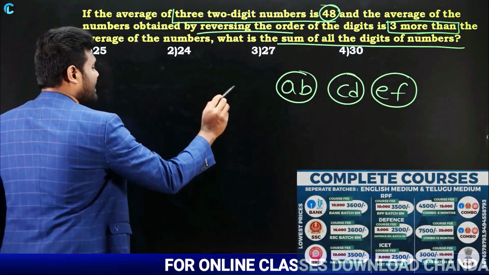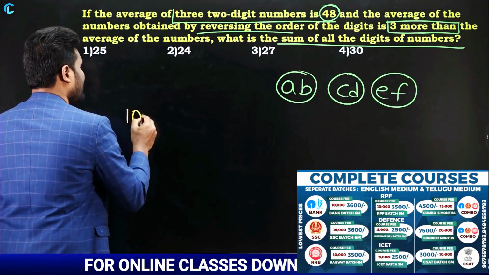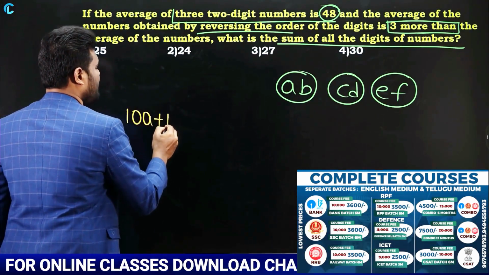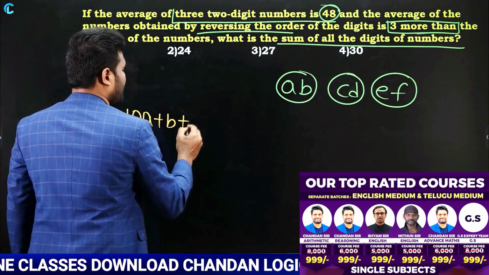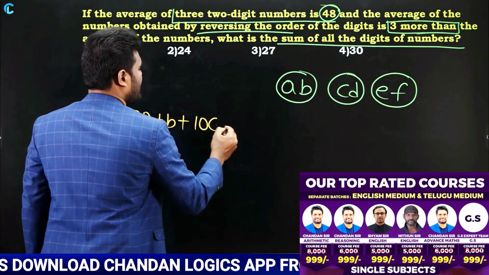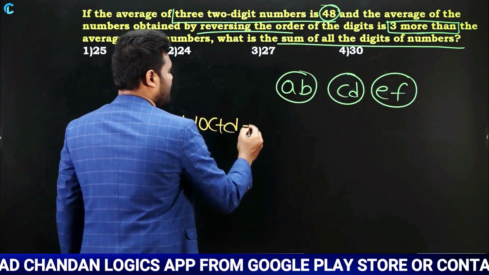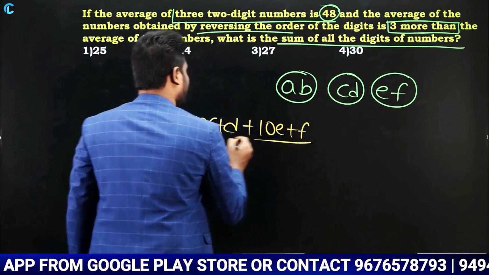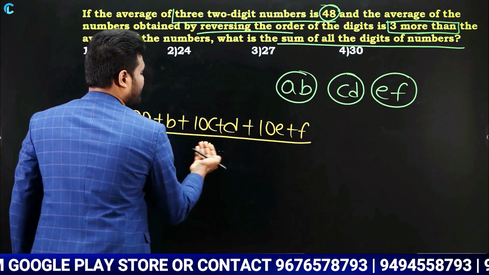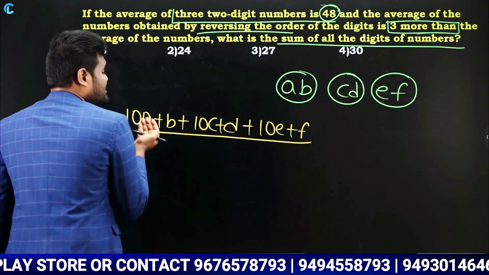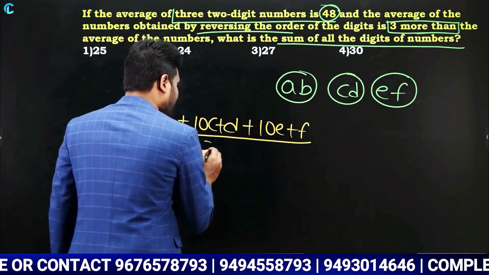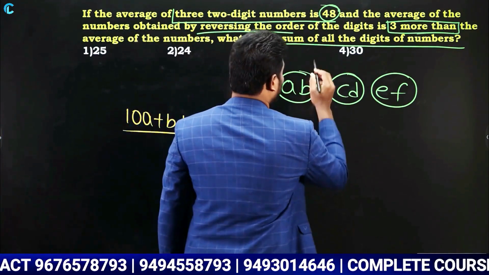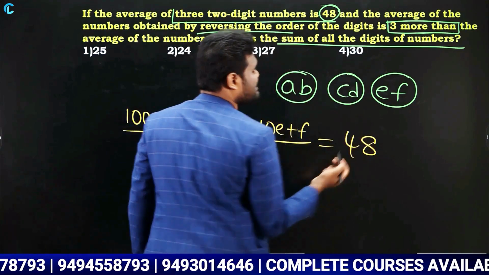I can write these numbers as 10A plus B, plus 10C plus D, plus 10E plus F, divided by 3, that is nothing but the average, is equal to 48.